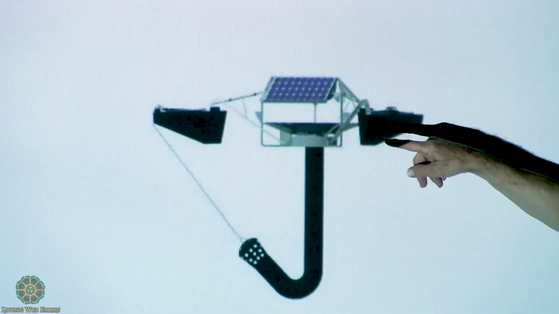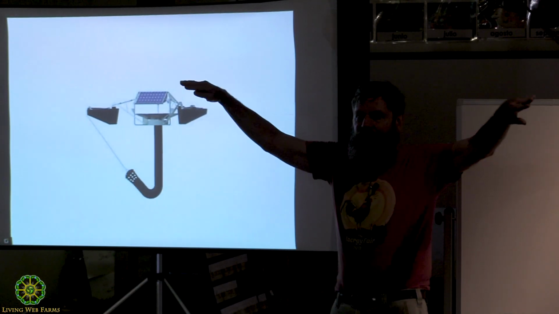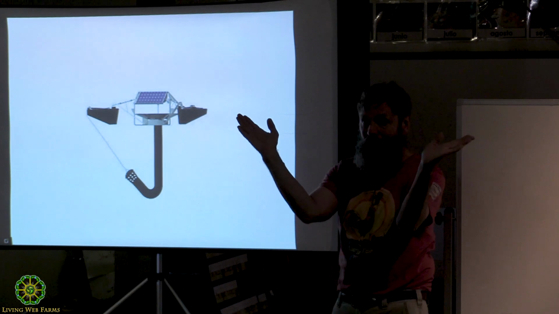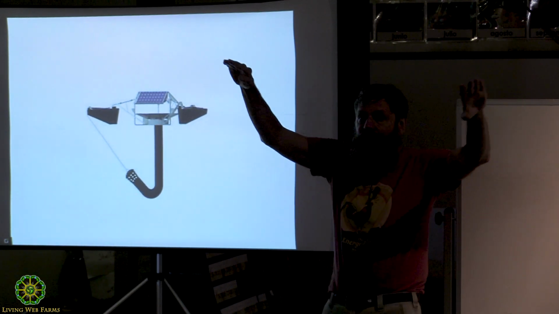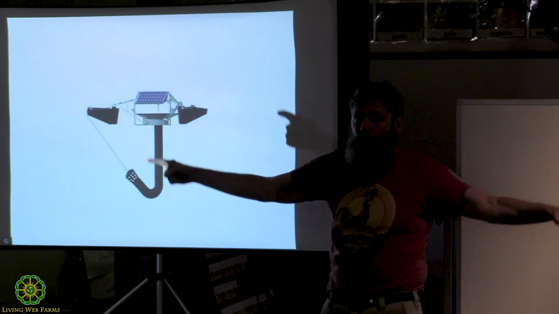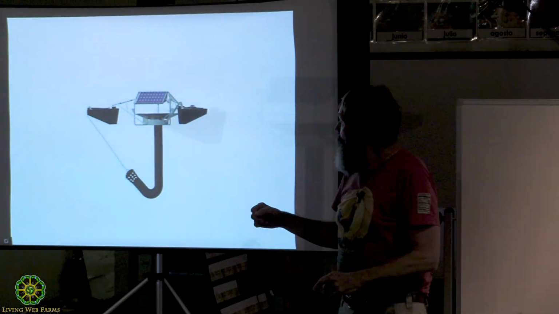If you can see it, it's like a flanged bowl. We're hitting the bottom of that, and that's going to create a loop like this.